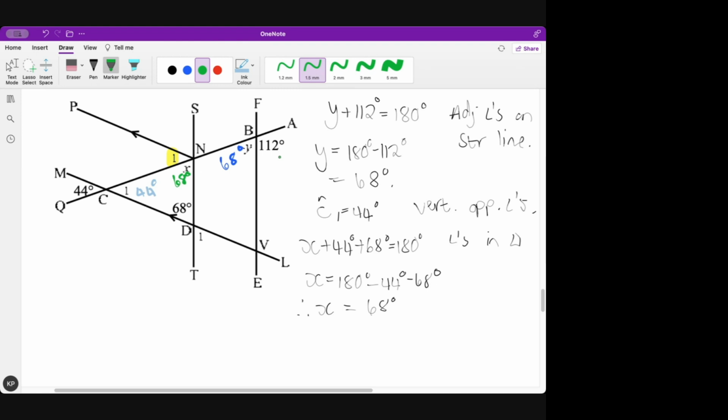But now, I want to ask you guys about lines ST and FE or EF. This line and this line. Are those lines parallel? Think about it very carefully. Buhlali says no. Why do you say no, Buhlali?